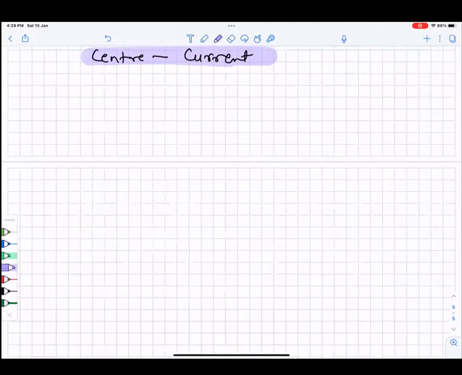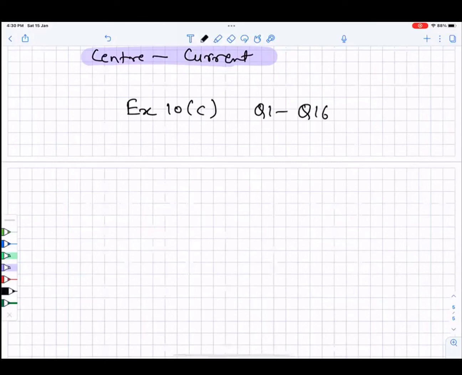Exercise 10C, question 1 to question 16. These are the questions you have. The homework would be exercise 10B, 1 to 6, and this is 1 to 16. These are the only questions in your portion.